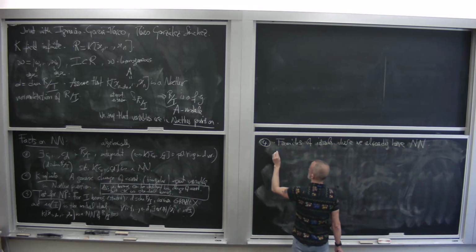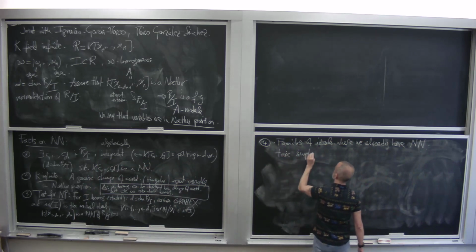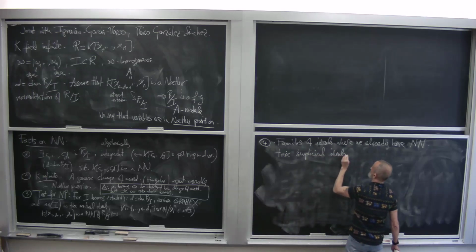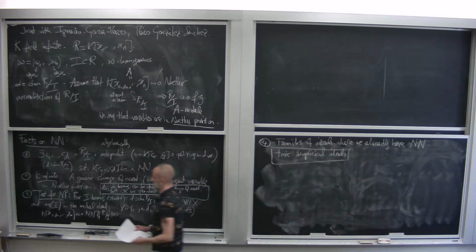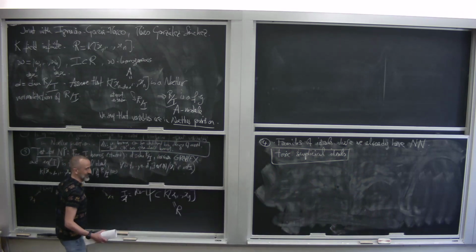For example, the family of toric simplicial ideals. So instead of telling you exactly what this is, because otherwise I will not have time, I'm going to show you one.